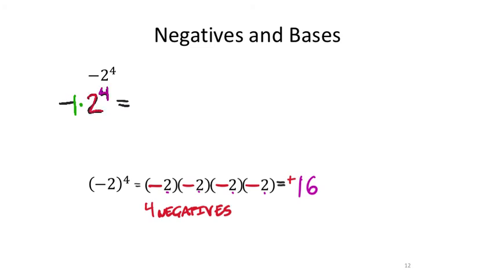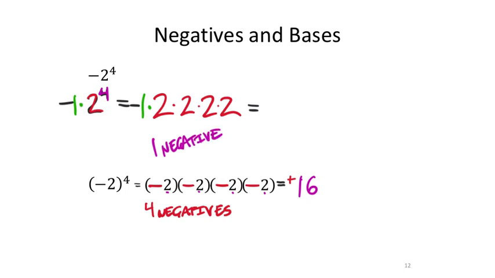So I have a 2, but I need 4 of them being multiplied, right? So 2 times 2 times 2 times 2. There's 4 2's multiplied. But then we would keep that -1 out there in the front. All right, now, if you went this far, you'd see, hopefully, that in this case, there's only 1 negative being multiplied.